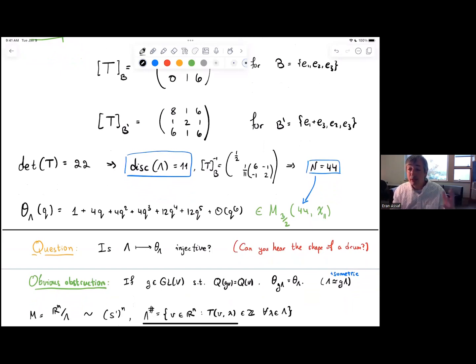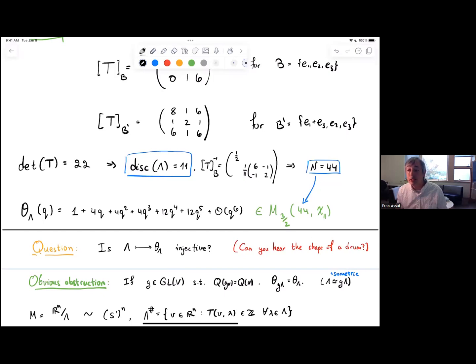Why is this related to, can you hear the shape of a drum? Well, think of the drum as a manifold, and the things that we hear, the sounds that it produces, are just eigenvalues of a natural differential operator on this manifold, the Laplacian. Now, a very easy way to construct manifolds from lattices is just to take the corresponding torus, right?